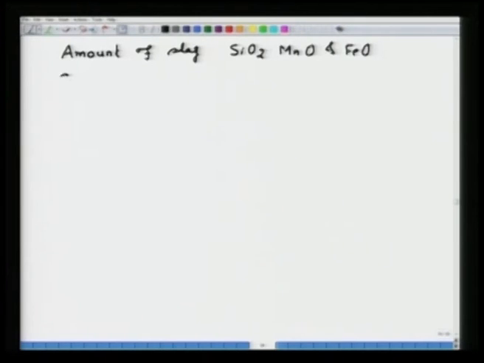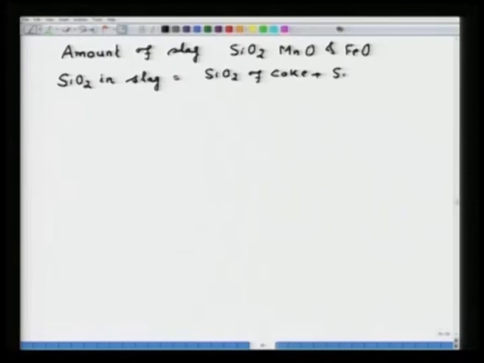So, we have to calculate now. SiO2 in slag will be equal to SiO2 of coke, because whatever SiO2 is present in the coke will go to slag, plus Si of pig iron oxidized to SiO2.